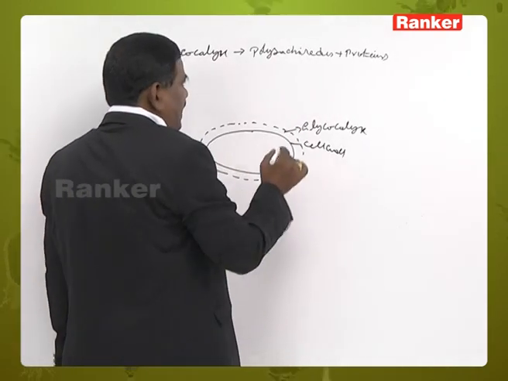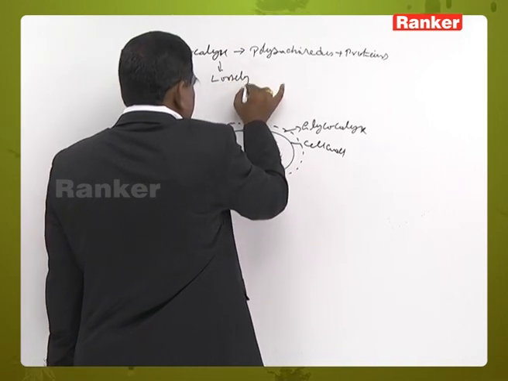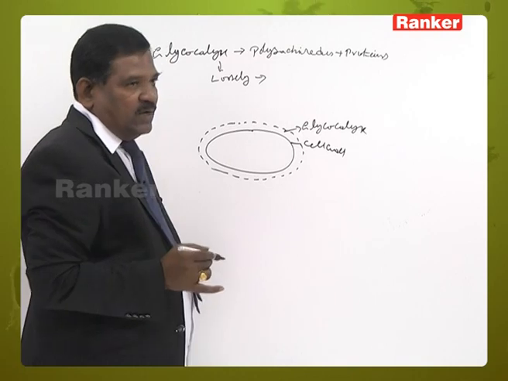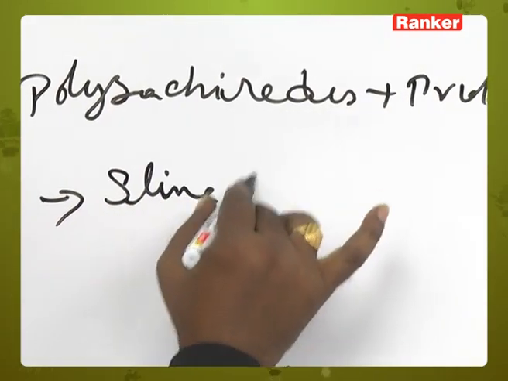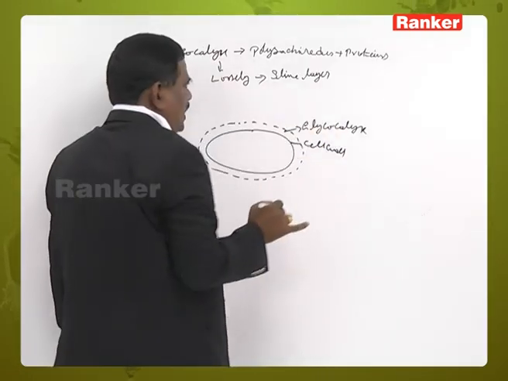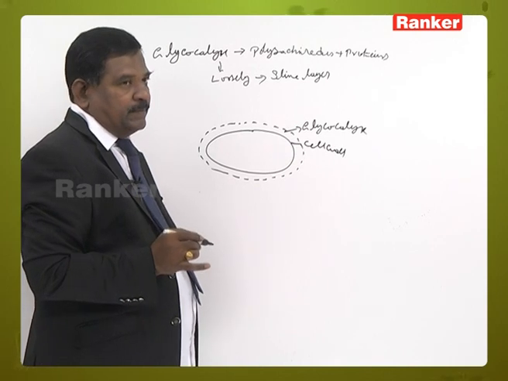If the glycocalyx is loosely attached to the cell wall, it is called a slime layer.